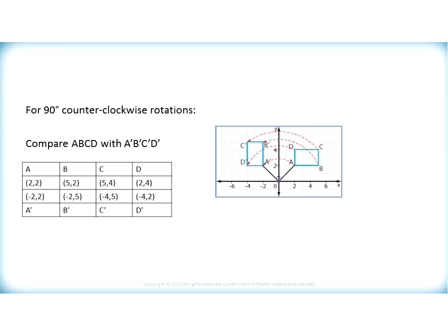So once again, I have my x's and y's in my new points exchanging places. In the last example, when I rotated clockwise, the y's became the negatives of what the old x was. In this one, the x becomes the negative of what the old y was.